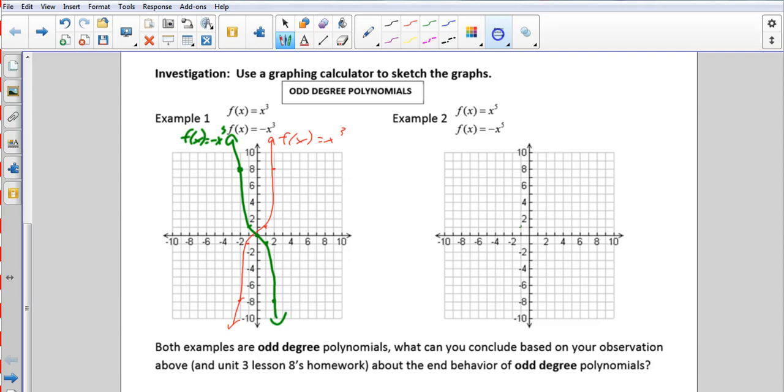So we're starting at negative 1, 1, 0, 0, and 1, negative 1. I'll do it negative first this time. But this time negative 2, instead of being negative 8, is way down here at negative 32. And 2, instead of being at positive 8, is going to be way up here at positive 32.